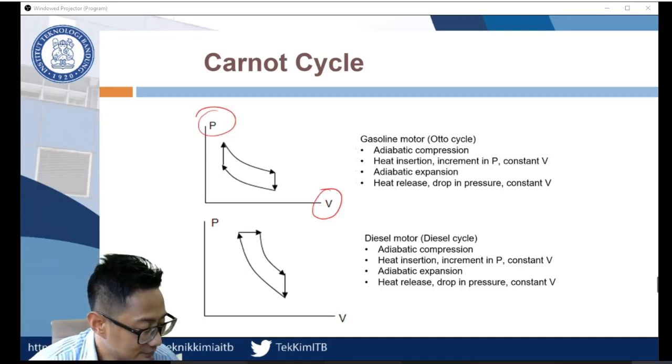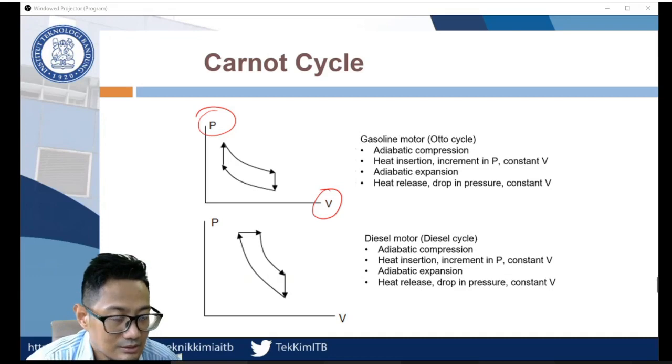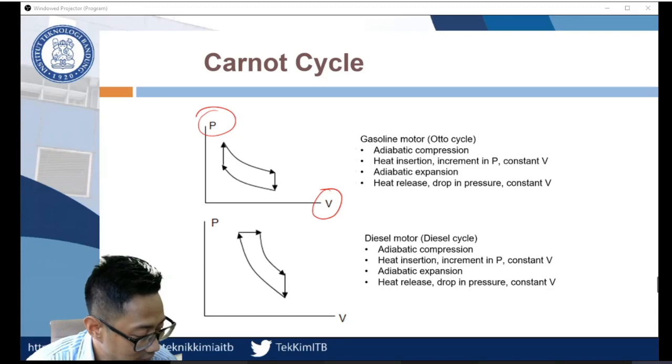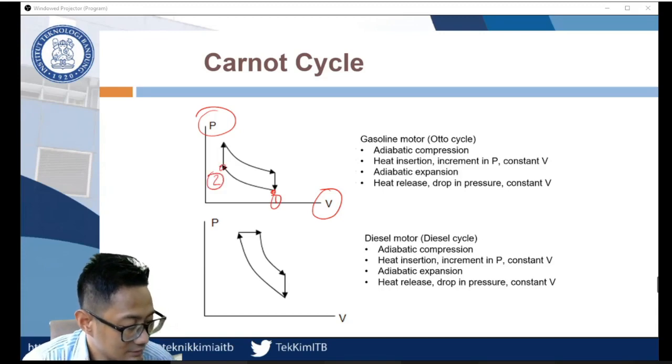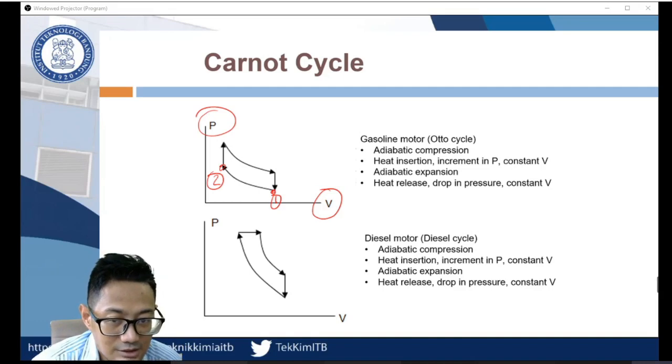Similar PV diagram. There is a certain sentence that is not right, but just follow this. Let's say the first one mentioned adiabatic compression. If you see this shape, let's say this is point 1 and this one is point 2. When you see this diagram, automatically you will say that one is an isothermal curve instead of adiabatic.